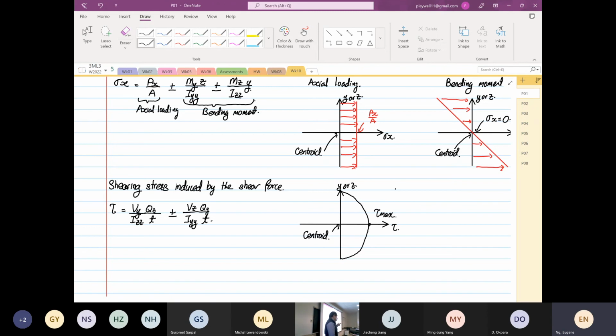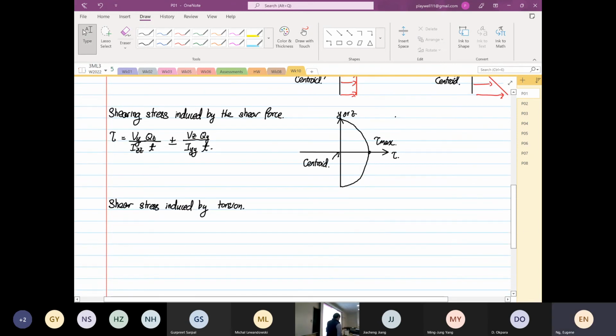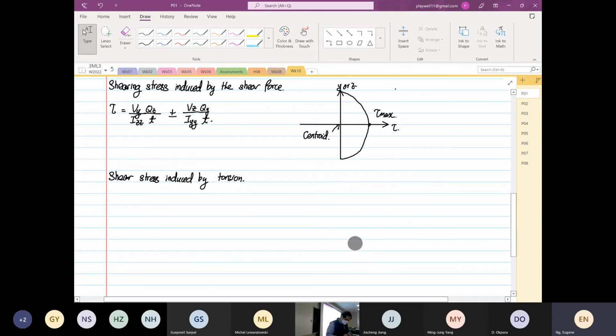Then there's another shear that is induced by torsion, which we just need to apply the formula. Later on, I'll show you how. Next is the shear stress induced by torsion. You have not seen this before, but we just need to apply a formula. What do I mean by torsion? It is when we have a shaft that is built in.